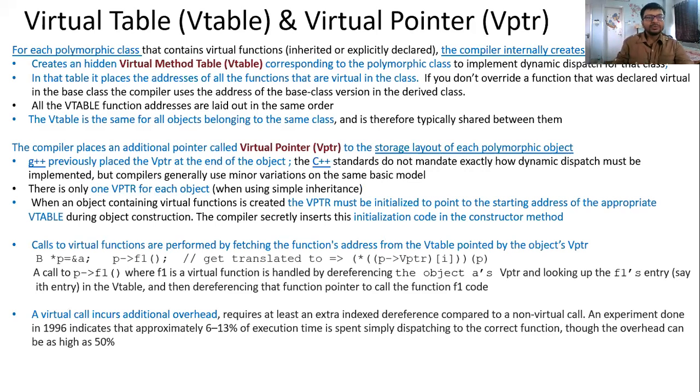So as we see, if we have a polymorphic class, then the compiler internally creates for each polymorphic class a virtual table or virtual method table as we call, and we use the abbreviation vtable, corresponding to that particular class.